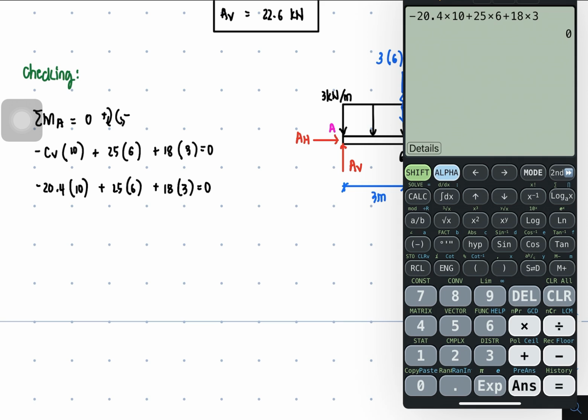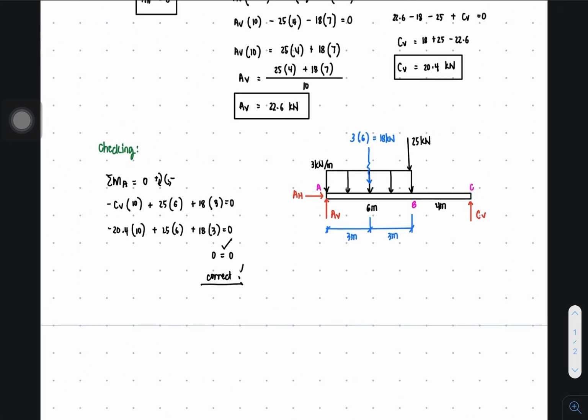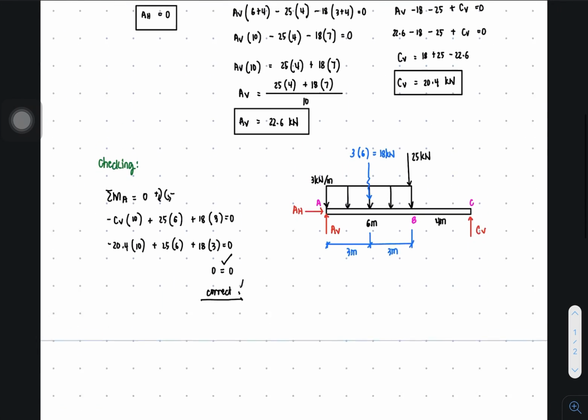We'll now know whether we got our answers correctly. It should be equal to 0, or else there must be something wrong. Our answer is 0. Since 0 equals 0, we got all the answers correct. So let's proceed to our next example.